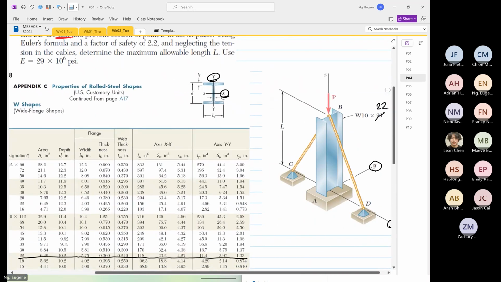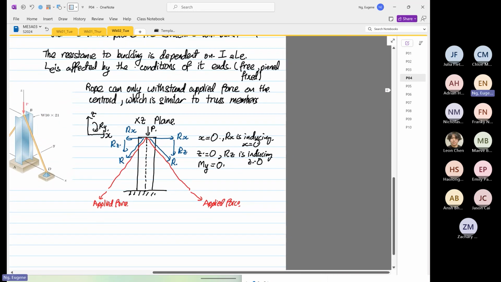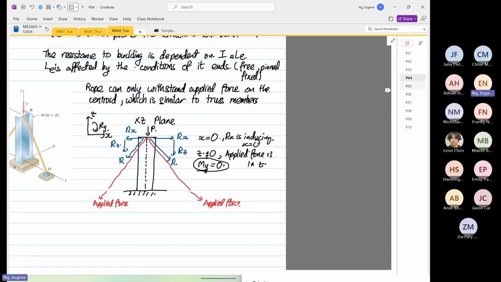Okay, so z will not be equal to 0 because your applied force is in Z. But the more important thing is the moment about y is equal to 0.